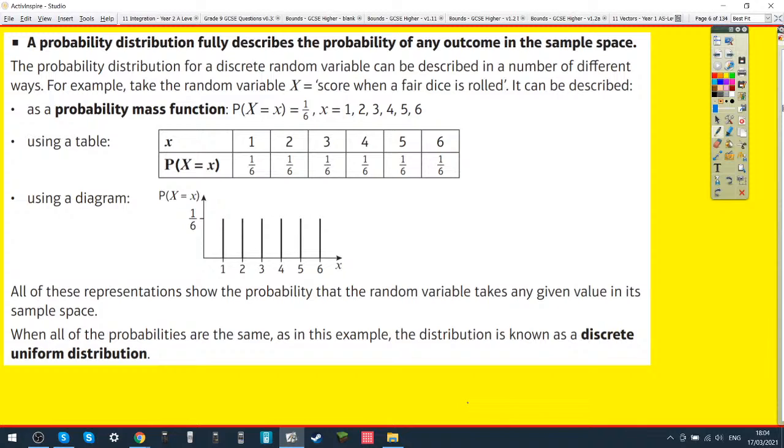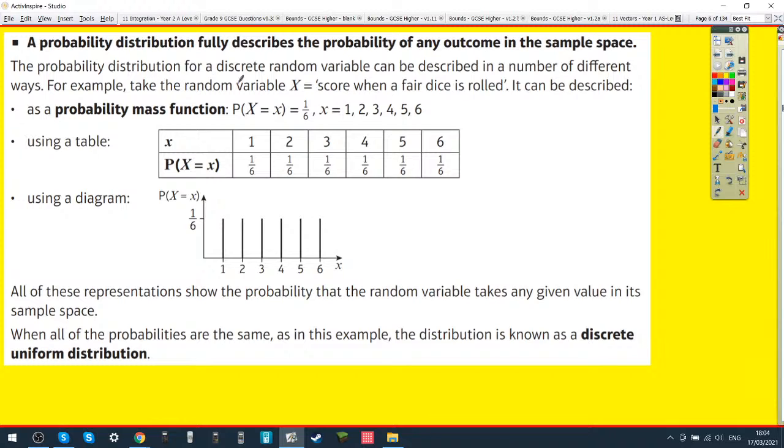A probability distribution fully describes the probability of any outcome in the sample space. These are examples of a probability distribution. The probability distribution for a discrete random variable can be described in a number of different ways.